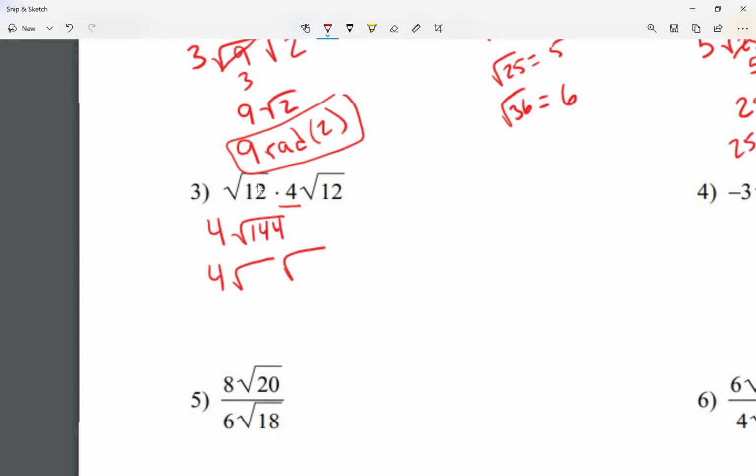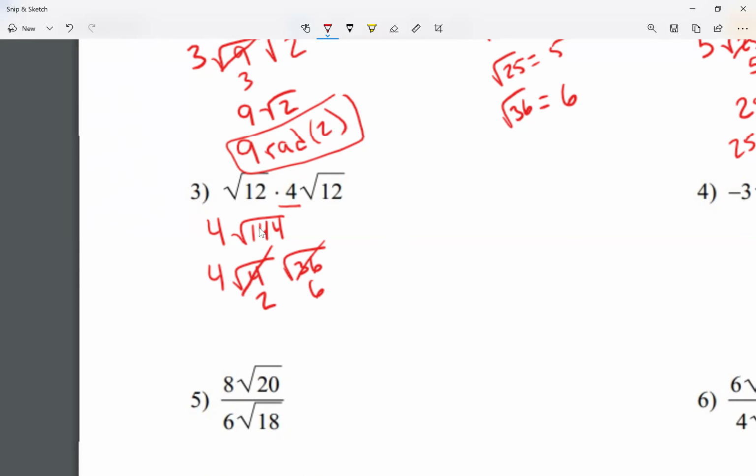I can break this as 4 times 36. Because the square root of 4 is 2. But wait a minute. The square root of 36, that's a perfect square as well. Isn't the square root of 36 6? I don't have radicals anymore.